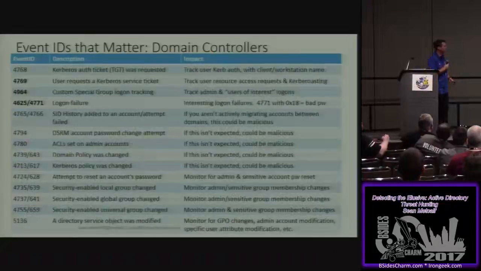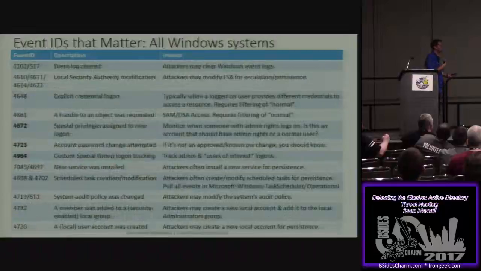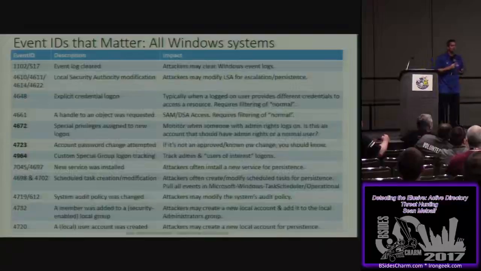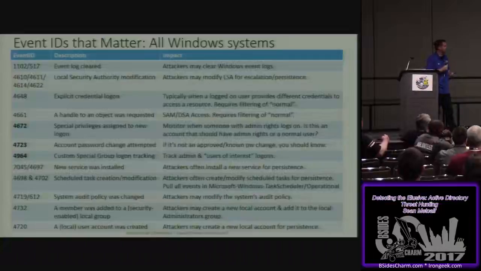But more than domain controllers, we want to also audit specific event IDs on all Windows systems. So someone cleared the event log. Local security authority modification. This is the logon system. This is what stores the logged on credentials into LSASS, that protected memory space. Explicit credential logon.